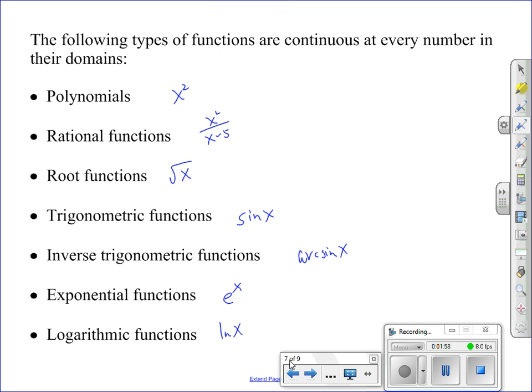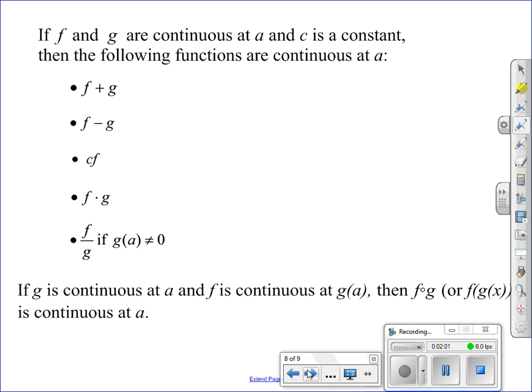Okay? Then we can prove that if f and g are continuous, then f plus g, f minus g, any constant times f, or f multiplied by g, f divided by g, must be continuous at that point. So for example, if f is sine x, and g is a simple function x squared, then f plus g, sine x plus x squared, must be continuous everywhere.